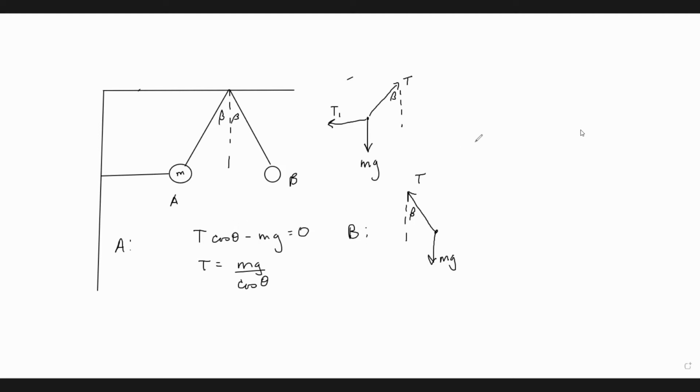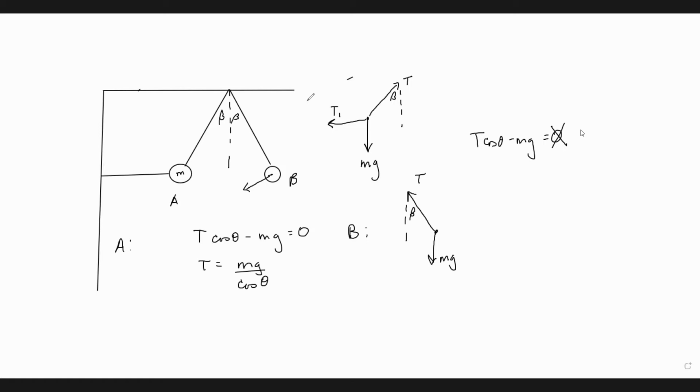It is incorrect to write T cosine theta minus mg equals 0 for position B, because that is wrong. The acceleration is not 0 in the vertical direction. It's not moving, but that's because it's at a turning point of the motion. But the acceleration here is in that direction.